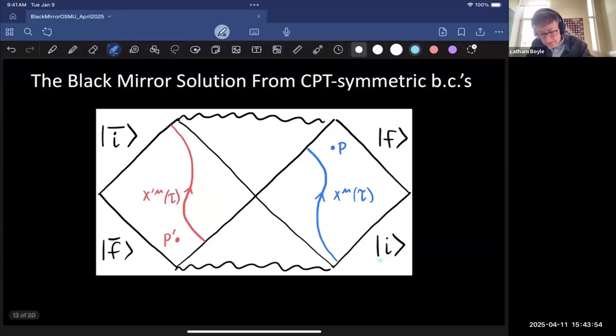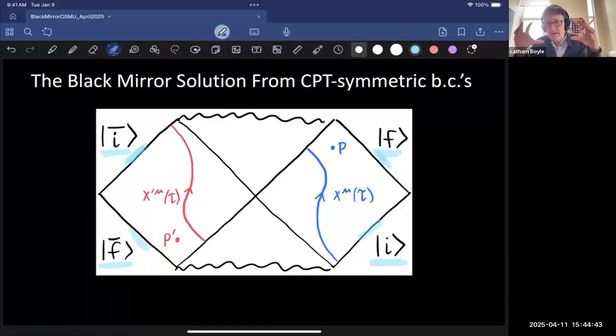If you're trying to look at paths that interpolate between a certain state I at past null infinity and a certain state F at future null infinity, but also, in order to have a CPT-symmetric solution, you also demand the CPT conjugate of F as the boundary condition at the antipodal exterior to this one, and the CPT conjugate state I bar as the boundary condition at the CPT conjugate exterior to the initial one.